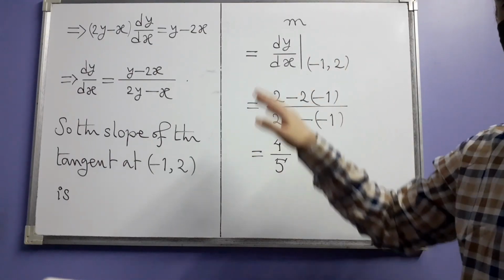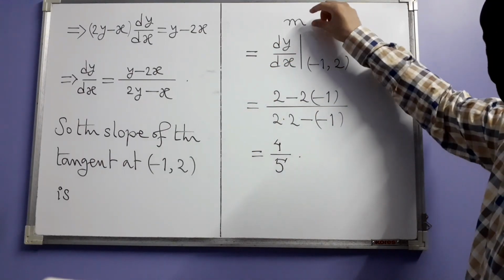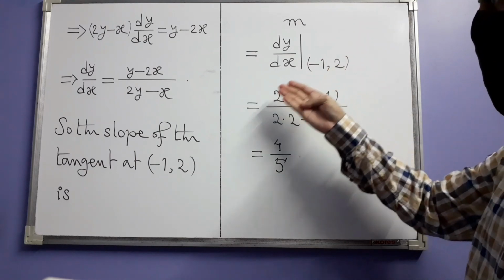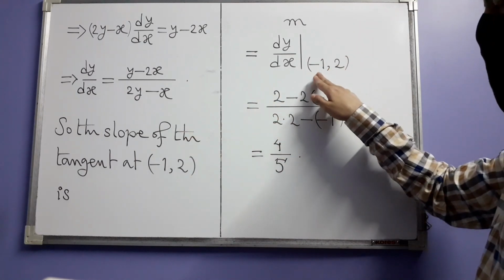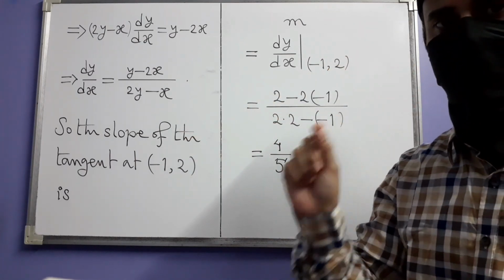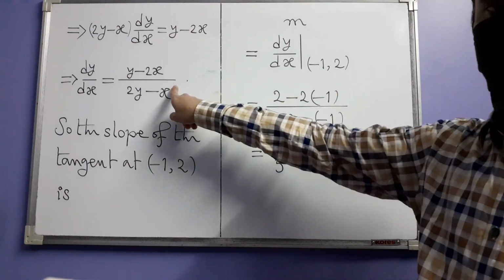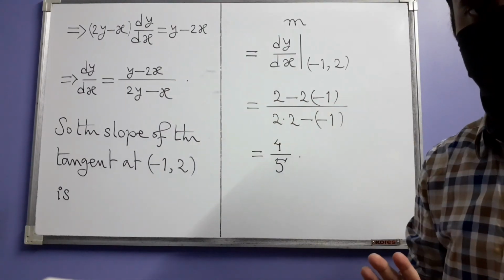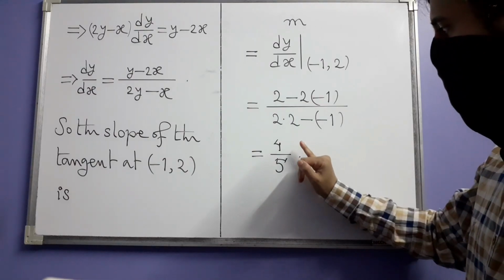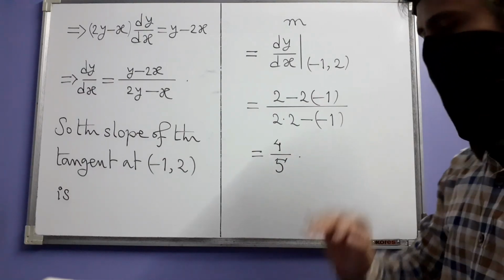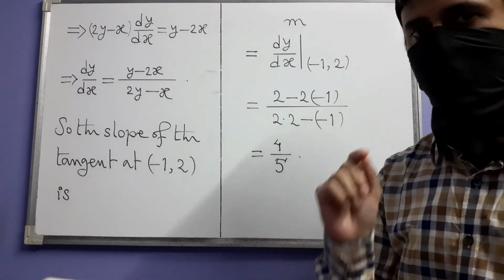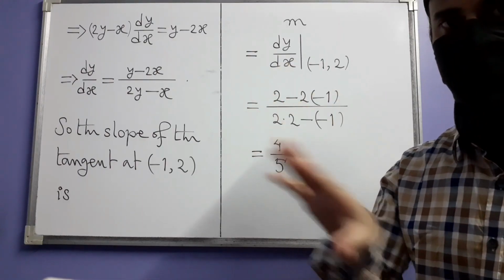You will realize why I am giving it a name. So m is the slope, which is just the value of this derivative when the point is this. That means x is minus 1 and y is 2. So you use this expression and substitute these values, and this is the value that you get as the slope, 4 divided by 5. So that is the slope of the tangent to that given curve, whatever it is.